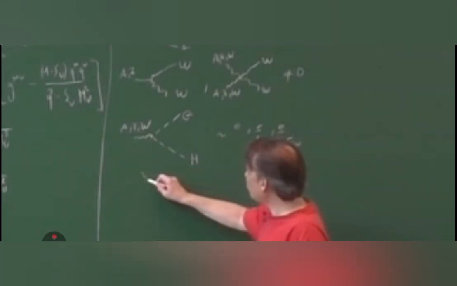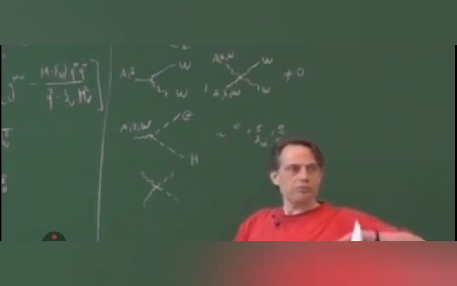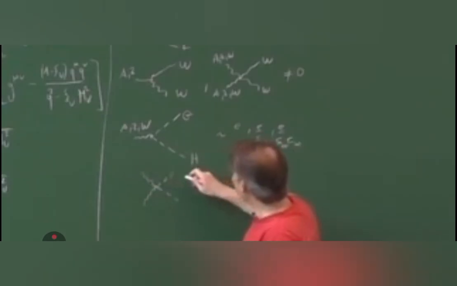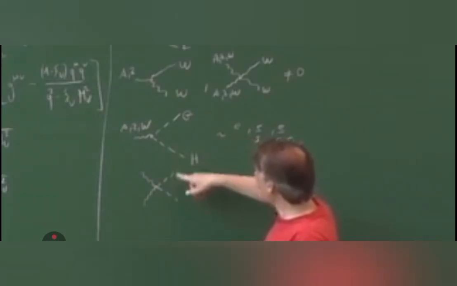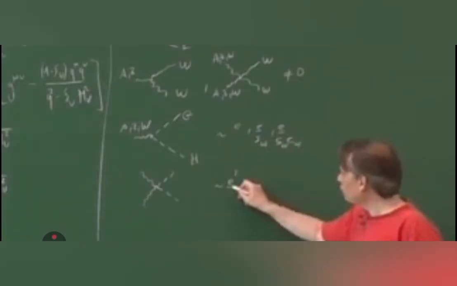And for scalars, there is the special thing that the covariant derivative term, because it's (d mu phi) squared, also generates quartic interactions with two scalars, Higgs or Goldstone, and two gauge bosons, and those interactions would be proportional to E squared over some appropriate denominator.